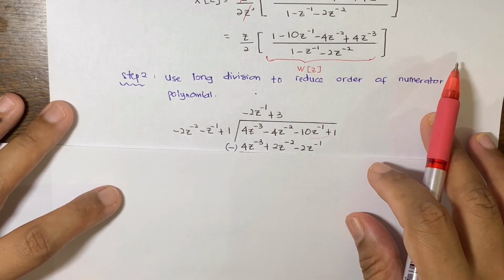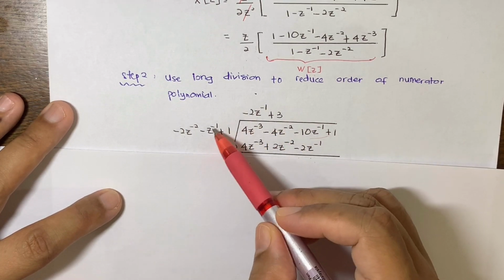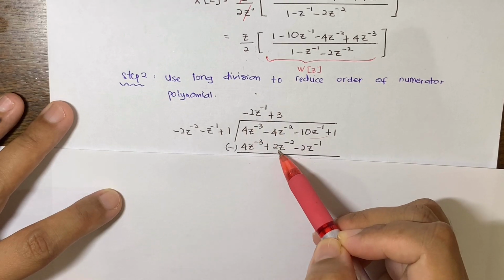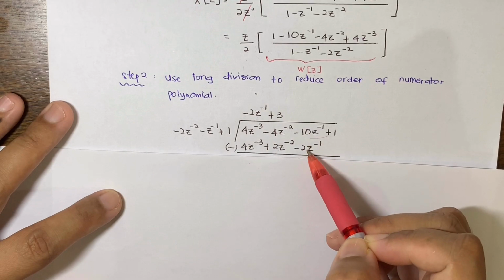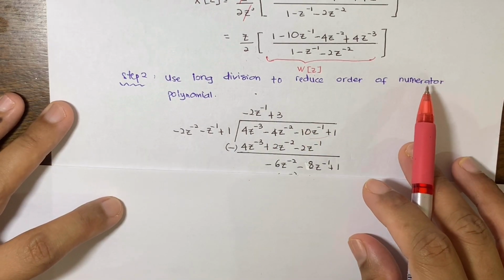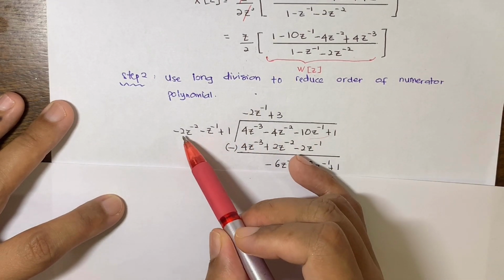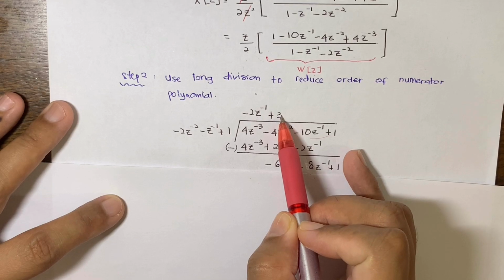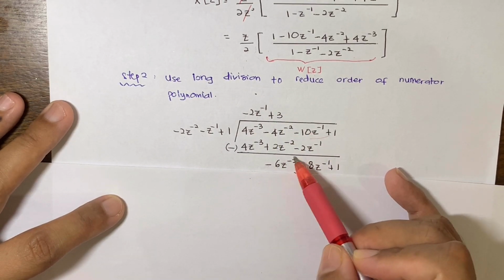Because we want to remove the first term, every term you need to multiply with this, and you will get this one. 1 multiplied by negative 2z to the power of negative 1, you get this one. And here is the remaining equation. Negative 2z to the power of negative 2, you must multiply with 3 to get negative 6z to the power of negative 2, because we want to eliminate the first term.